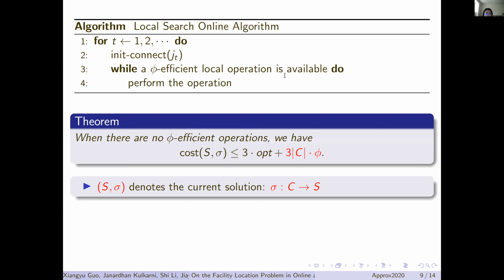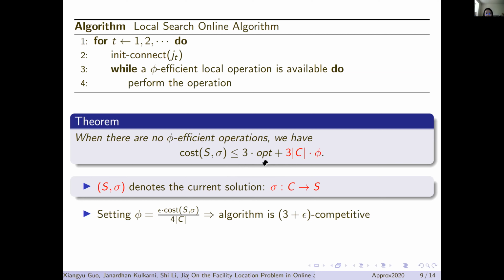Then, similar to the classical result, we can prove that when no phi-efficient operation can be done, we have the current cost, which we denote as cost of sigma. Sigma is the connection configuration. It's less than some terms of the optimal solution. Then when we carefully set the value of phi, we can have the right-hand side to be 3 plus epsilon times OPT.